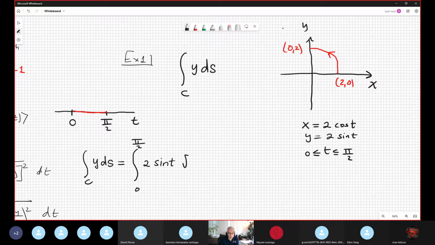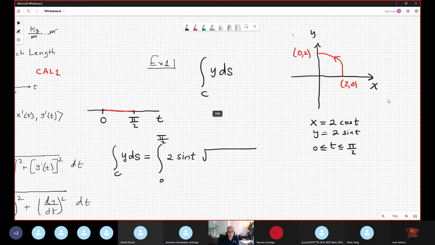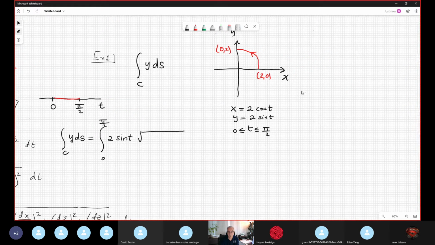It's a square root, so I need to compute derivatives. The derivative dx/dt: derivative of cosine is minus sine, so this is minus 2 sine t.